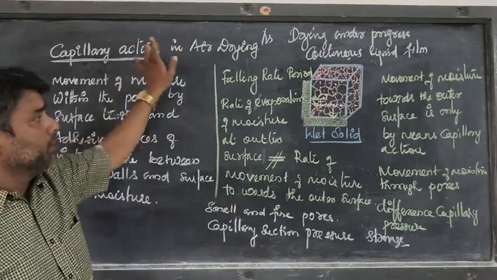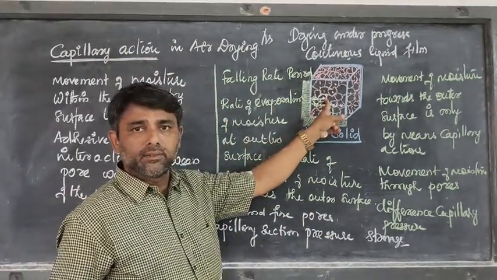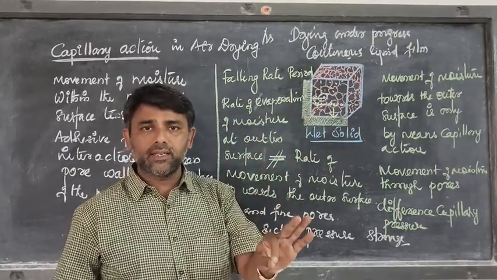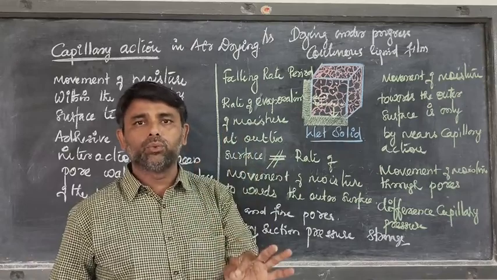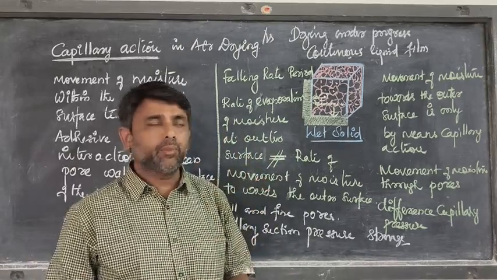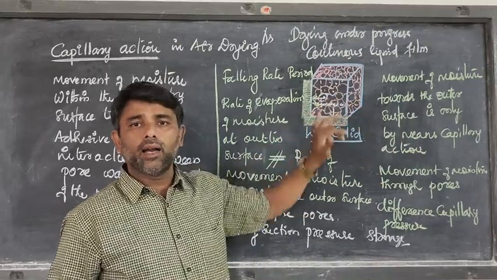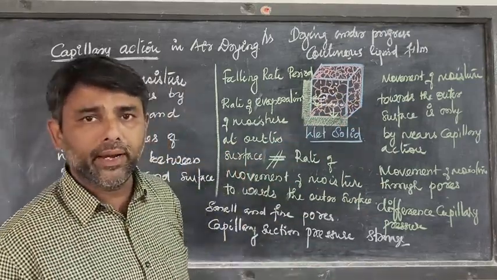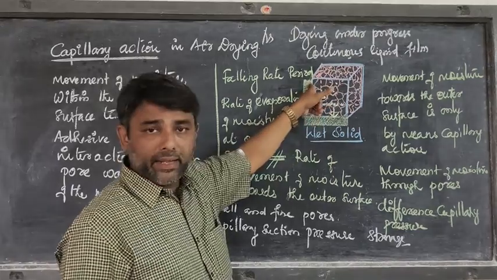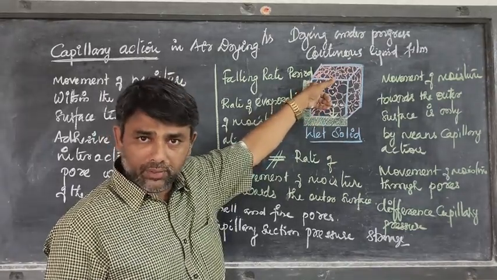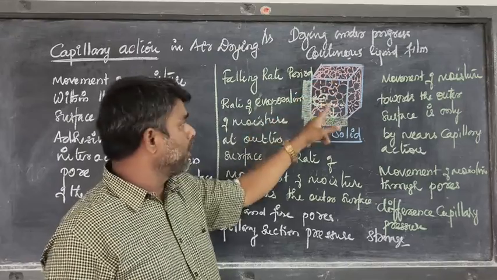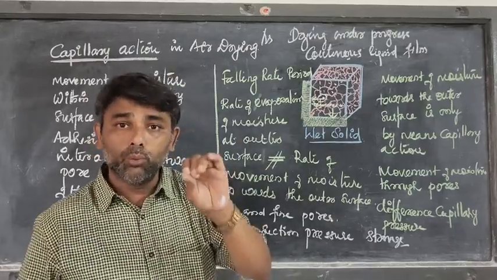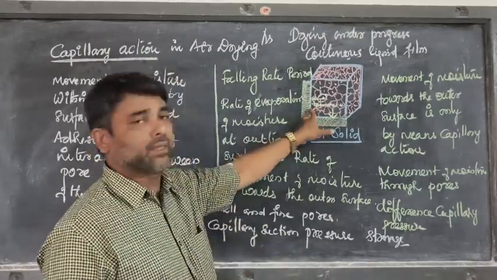Capillary action is nothing but movement of moisture within the pores by means of surface tension and adhesive forces of interaction between walls of the pore and surface of the liquid. Clear? In falling rate period, the rate of evaporation of moisture at the outer surface will not be equal to the rate of movement of moisture towards the outer surface.